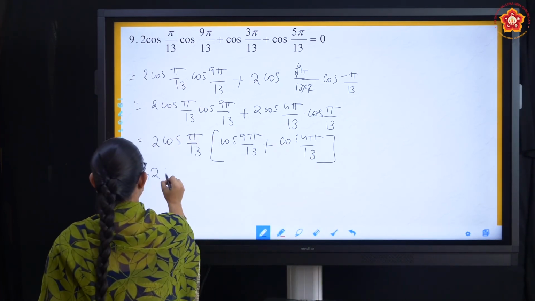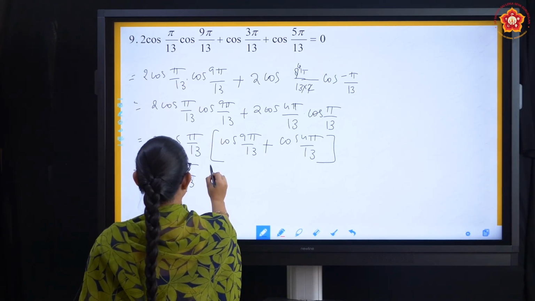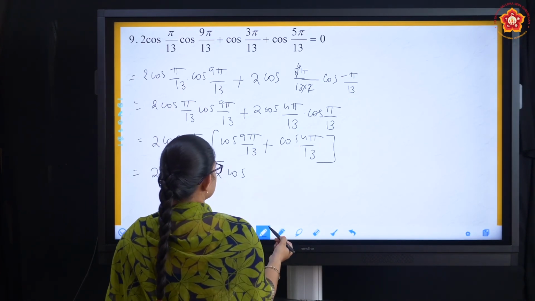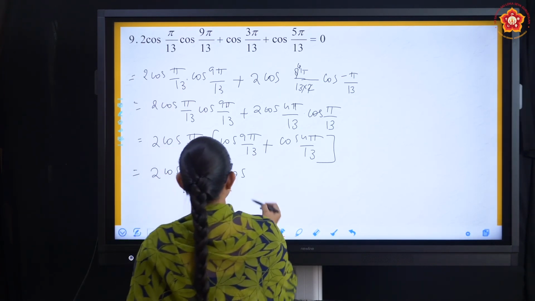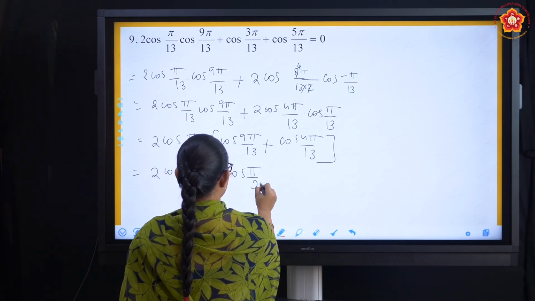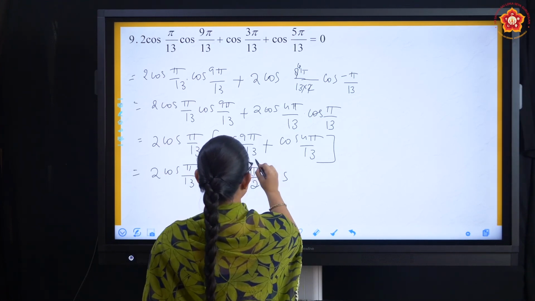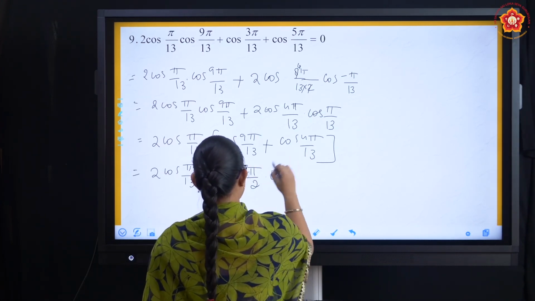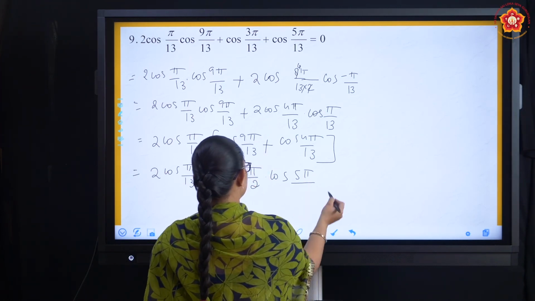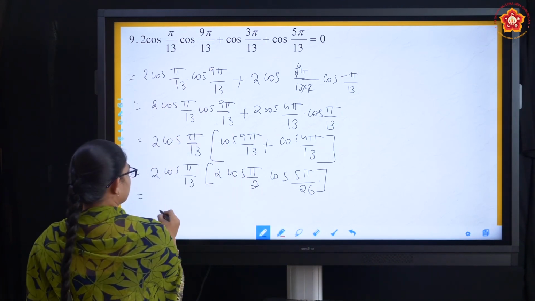Now once again we will apply the cos x plus cos y formula. So we have 2 cos of (9 plus 4), that is 13 pi by 13 by 2, that is pi by 2, into cos of (9 pi minus 4 pi), that is 5 pi by 13 by 2, that is 5 pi by 26.